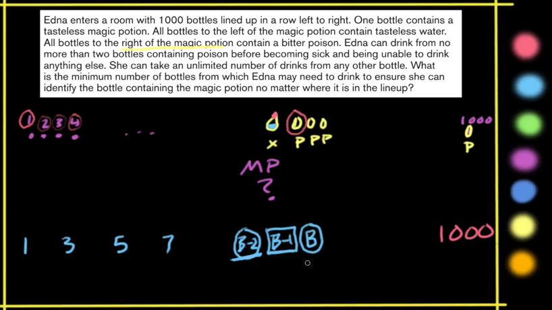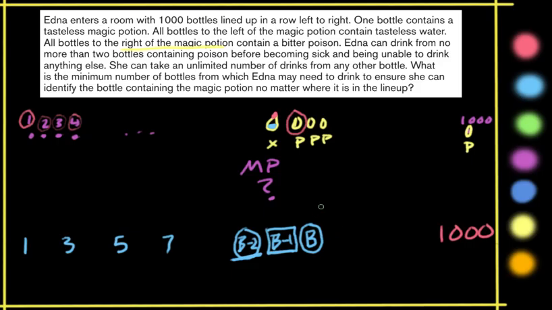And then you might think, oh, well, maybe she can skip more than 1. Maybe she could do every third or every fourth or every fifth. And that will help her get up to the bitter one a lot faster, right? So let's say, for example, she skips 10 every time.